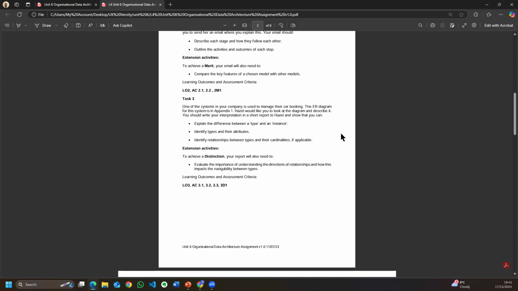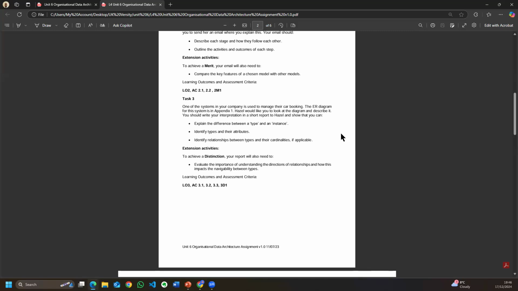Task number 3: one of the systems in our company is used to manage car bookings. The ER diagram for this system is in Appendix 1. ATHE would like you to look at the diagram and describe it. You should write the interpretation in a short report to ATHE and show that you can explain the difference between a type and an instance, identify types and their attributes, and identify relationships between types and the cardinalities, if applicable.